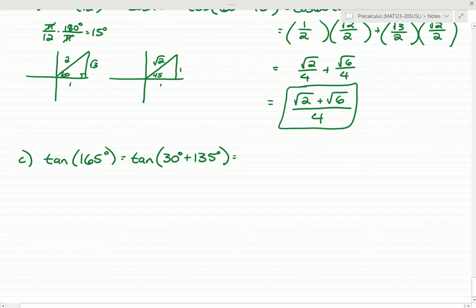Now when we're doing the tangent, it's the tangent of the first plus, same sign goes on top, opposite signs on the bottom, the tangent of the second divided by 1, opposite sign, tangent of the first, tangent of the second.